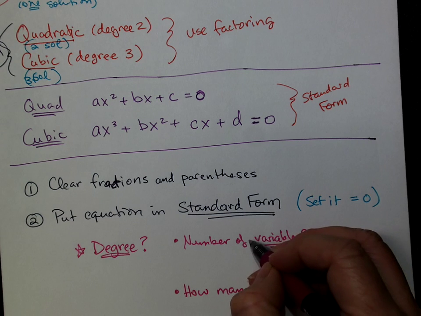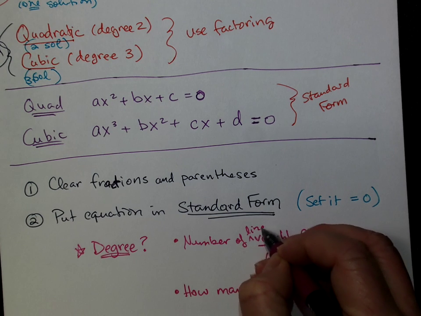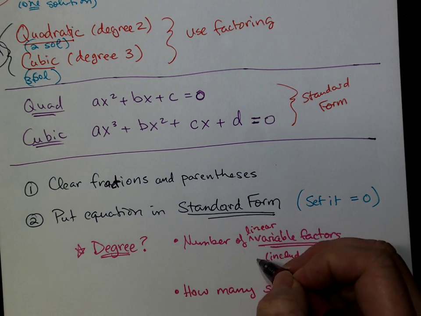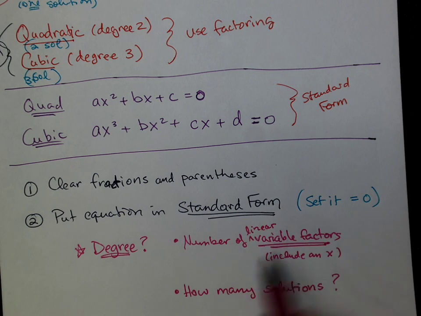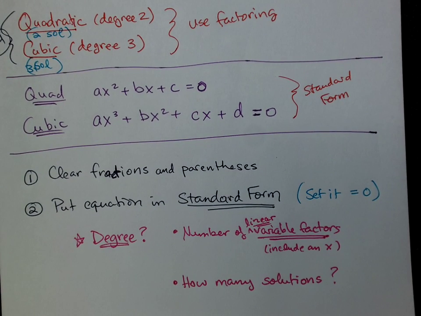It's number of linear. Because how do you know you're done? Everything's linear. Or if it's not linear, it's prime. You checked, hey, that's not linear. Let me check. Oh, I can't go further. It's prime. In this case, everything I give you will be able to be factored down to linear variable factors. You won't have anything with exponents left that's prime.